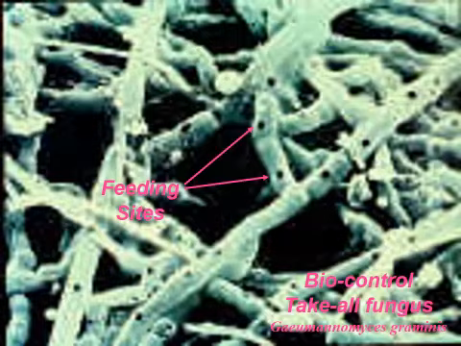Another problem that we see in agriculture is a fungus called Take-all. This is a very bad fungus. It's common in wheat, and what it does is it'll get into the root system and really cause some damage.